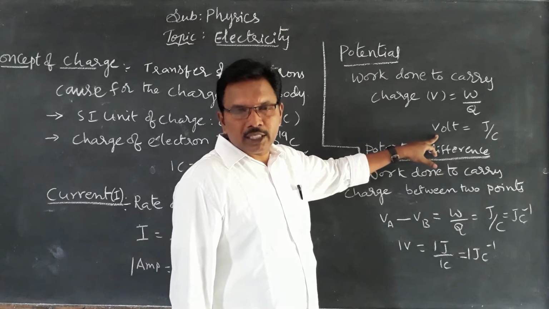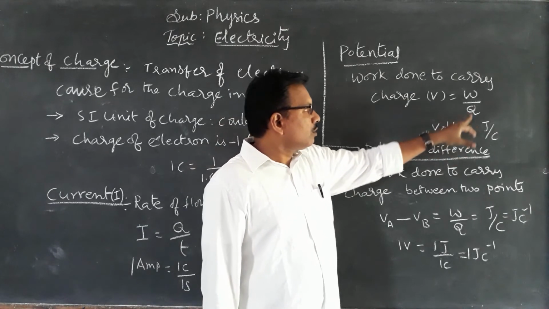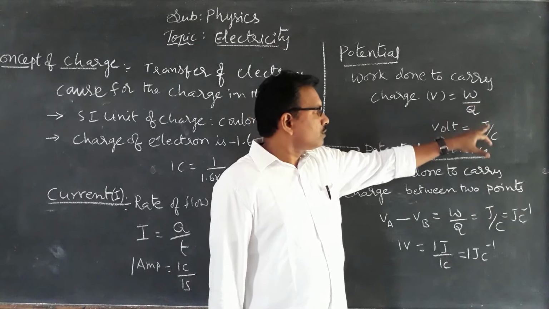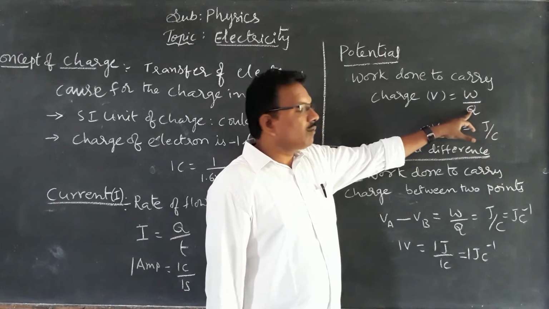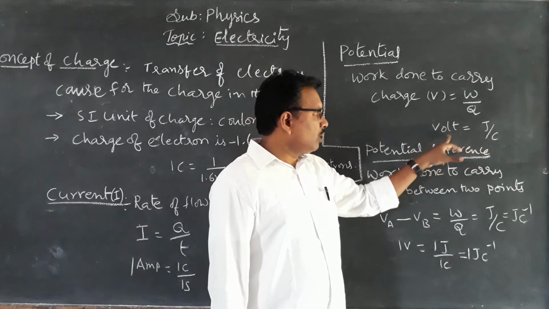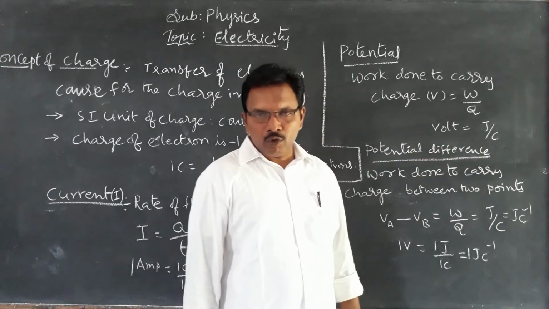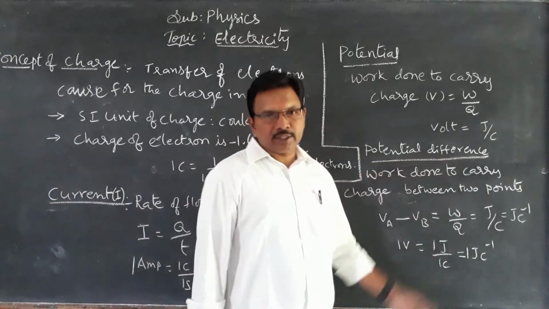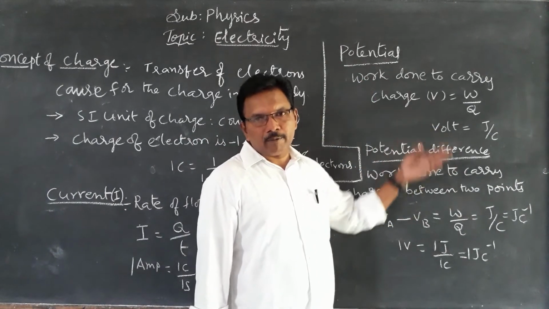The unit of potential is volts. The SI unit of work is joules, and the SI unit of charge is coulombs. So 1 volt is equal to 1 joule per coulomb.